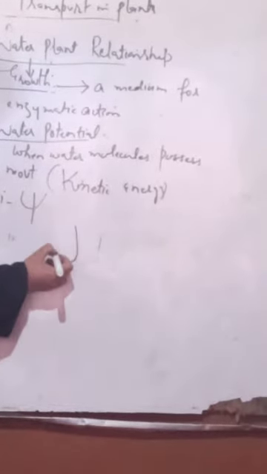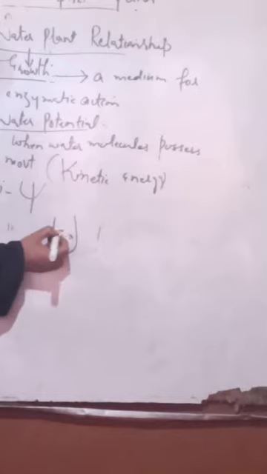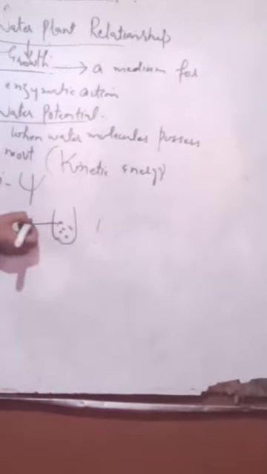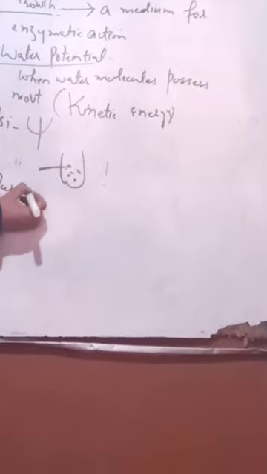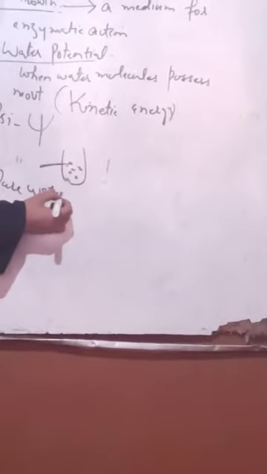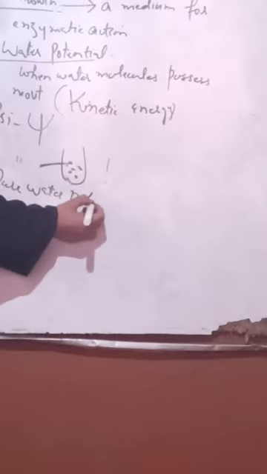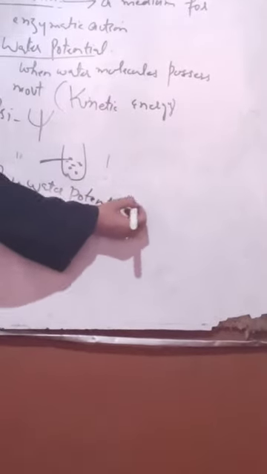Suppose we have a medium and there are water molecules, and no movement is here. It means we have not applied any energy to it. It is pure water, and pure water potential is 0.